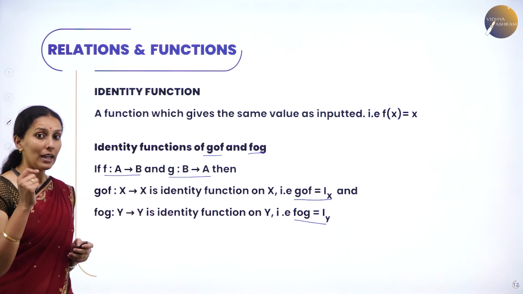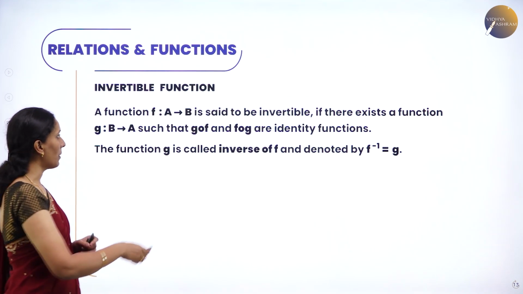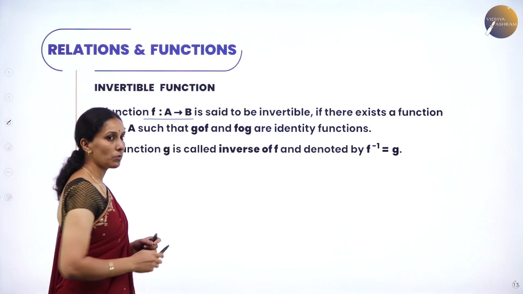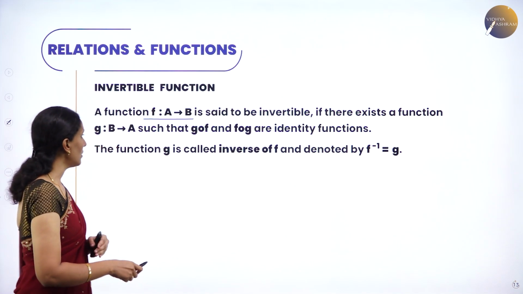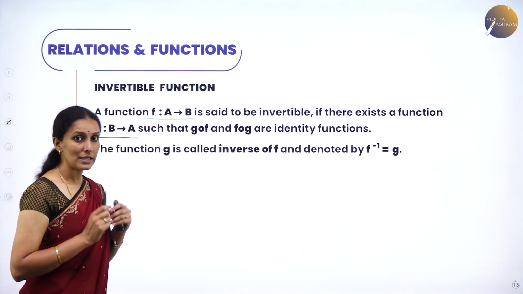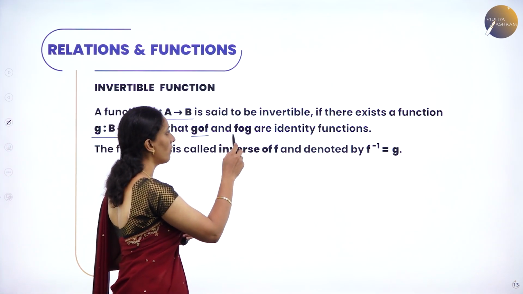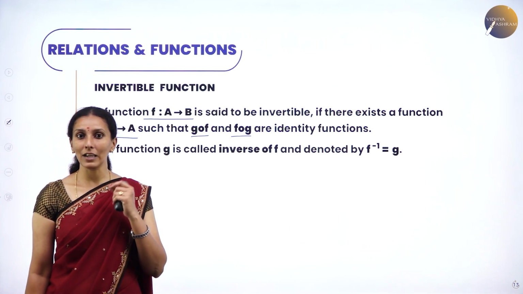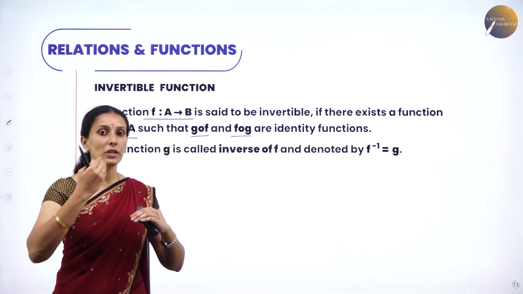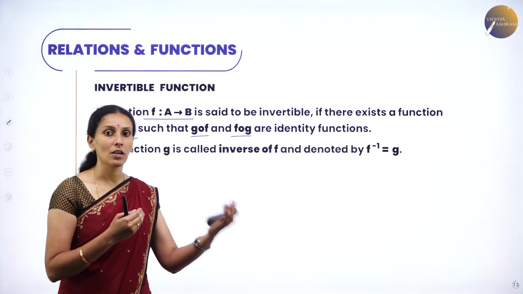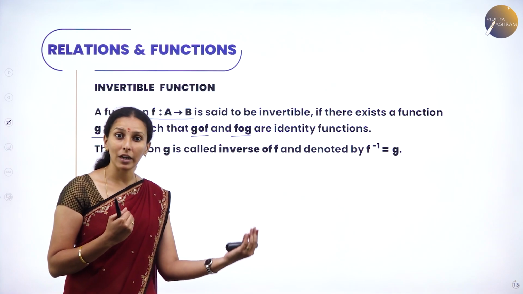So, the inverse of a function is nothing but this: a function f from A to B is said to be invertible if there exists a function g from B to A such that the composition of the two functions are identity functions. So, you know that identity function. If you input the value x, you should get x. If you input the value y, you should get y.